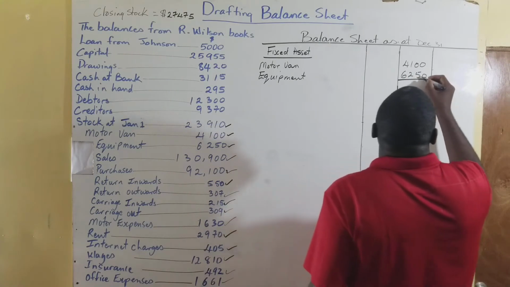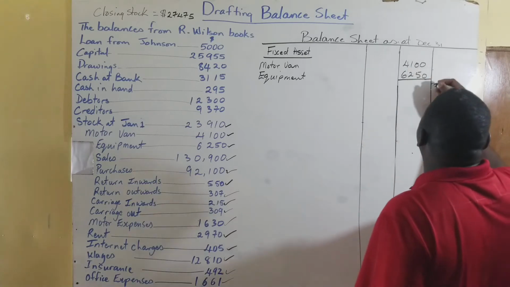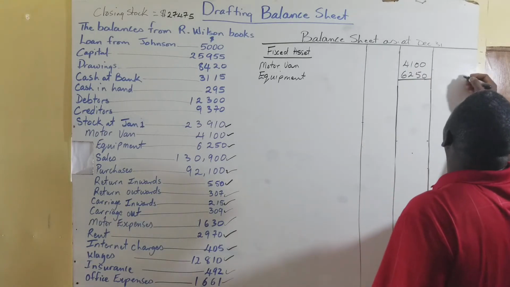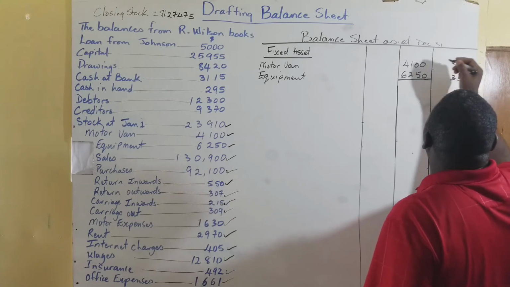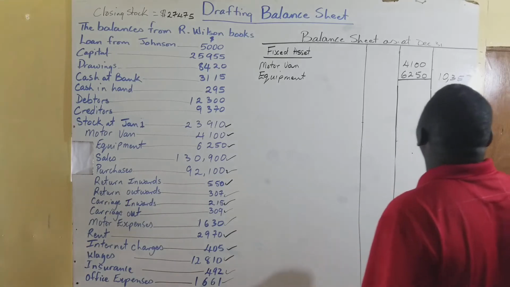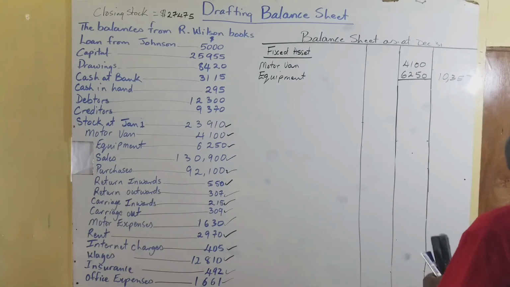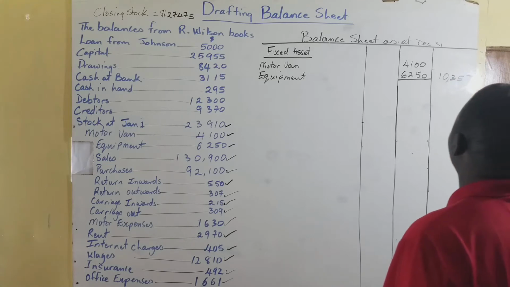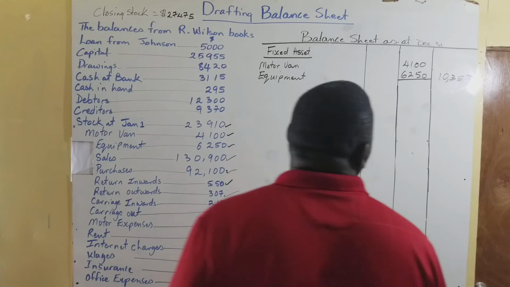We don't seem to have any more fixed assets, so we're going to add them, and the total would have been 053 and 10.